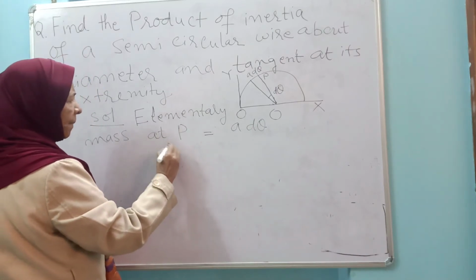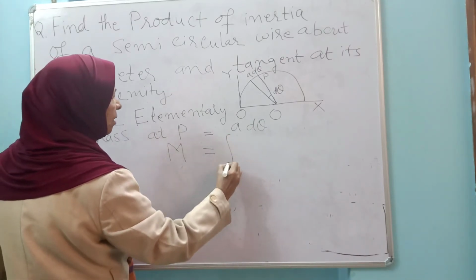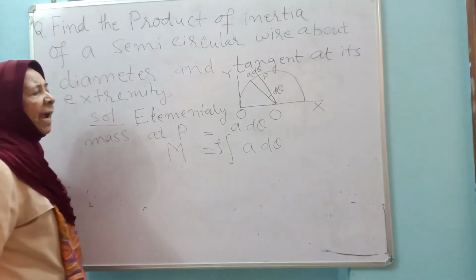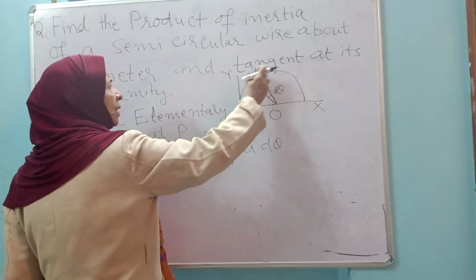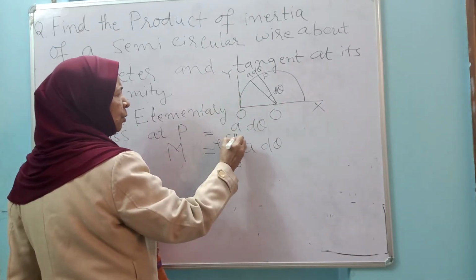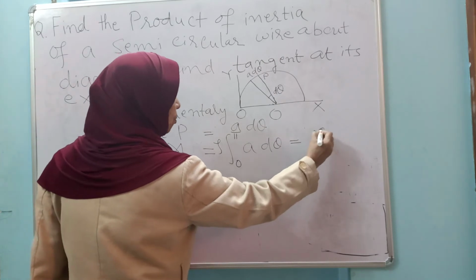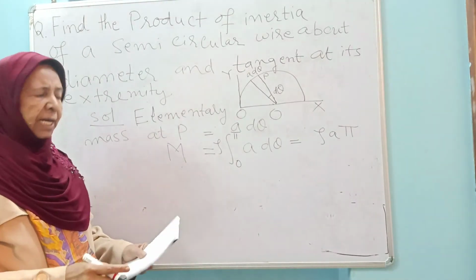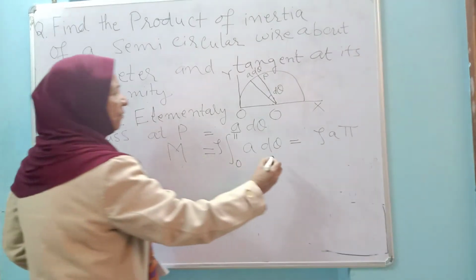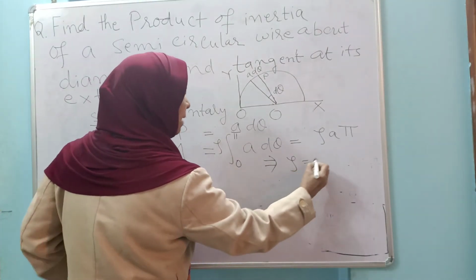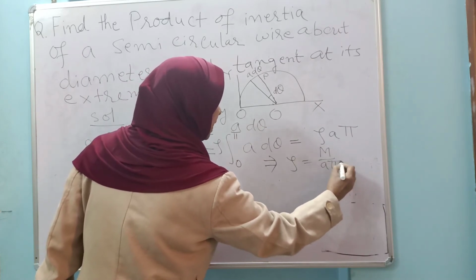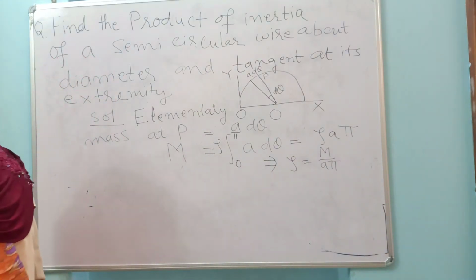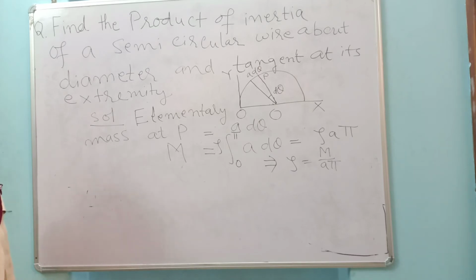So the whole mass will be the integral of a d theta into rho, where theta varies from 0 to pi. So it will be rho a pi, isn't it? That will give you the value of density, m divided by a pi, which is the density of this semicircular wire.